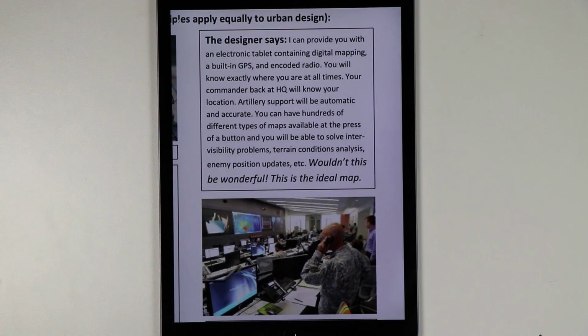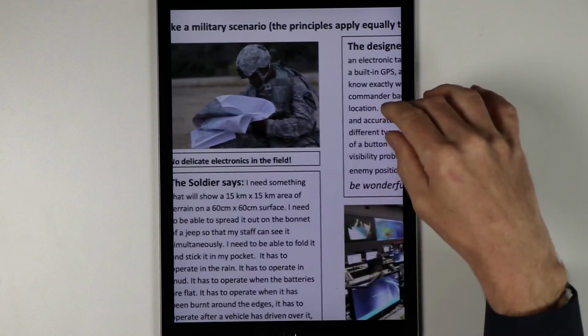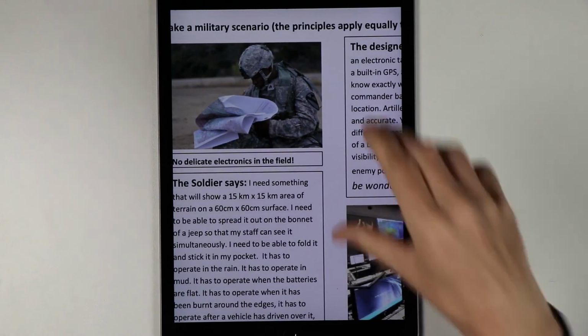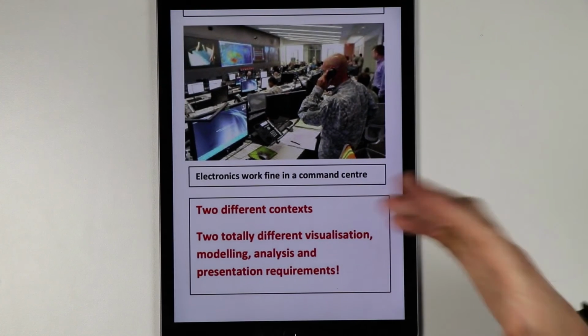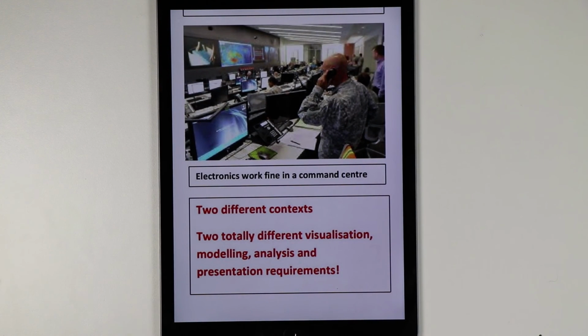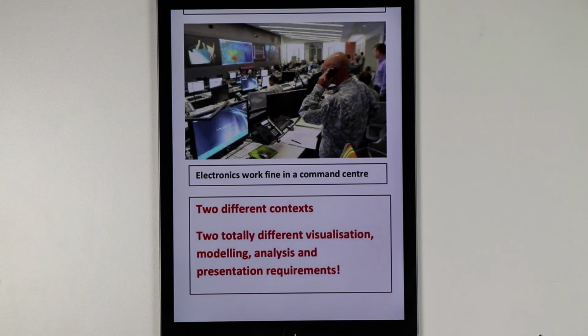A designer would say, this is a very good map, isn't it? Whereas, of course, the soldier would say, I have no use for a map like that whatsoever. Two different contexts require two totally different kinds of visualization, modeling, analysis, and presentation. And not all maps can fulfill all these requirements at the same time. It's a very basic issue that there will never be an ideal map.